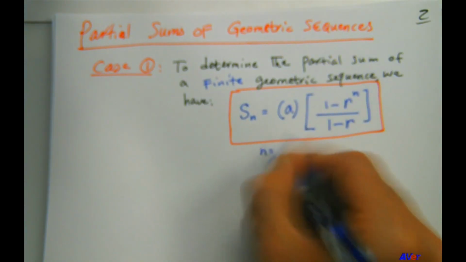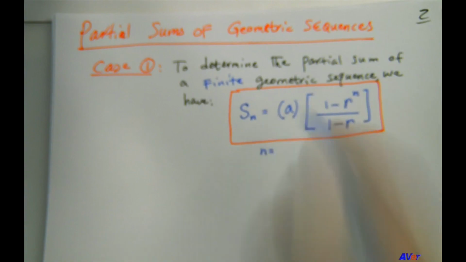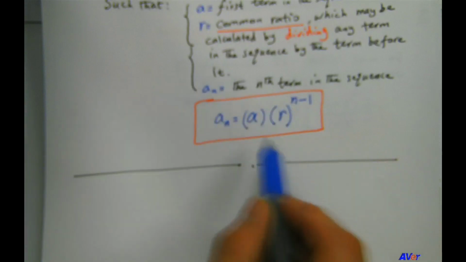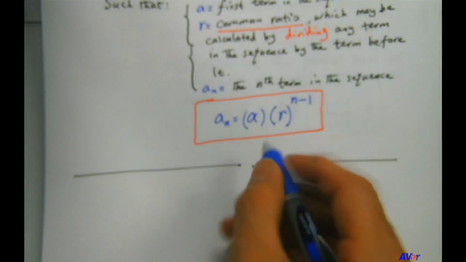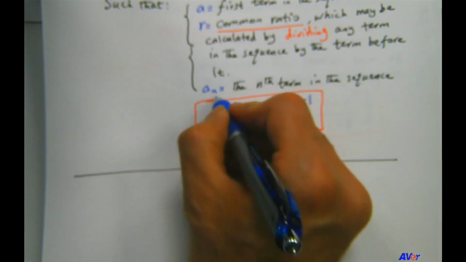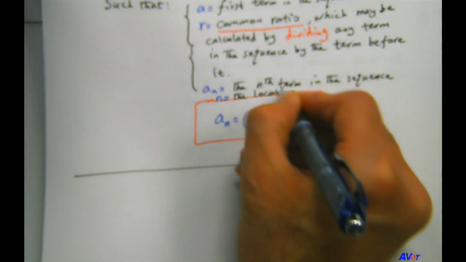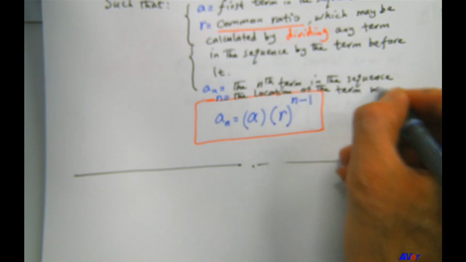So N here means a different thing than in this formula, which, by the way, I should also clarify, N here is the location of the term we are finding.